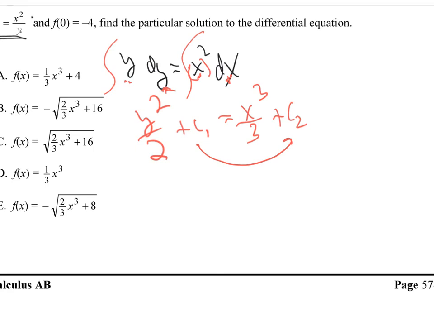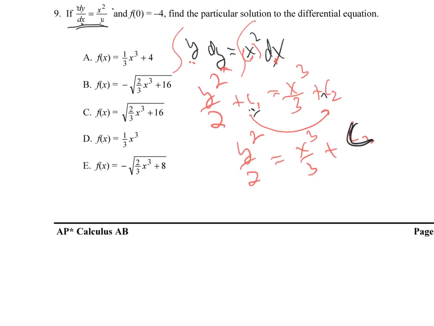So instead of saying y squared over 2 equals x cubed over 3 plus a third constant, you just pretend that the whole time there was just one constant. You worry about constant one time. So there is a perfect equation.